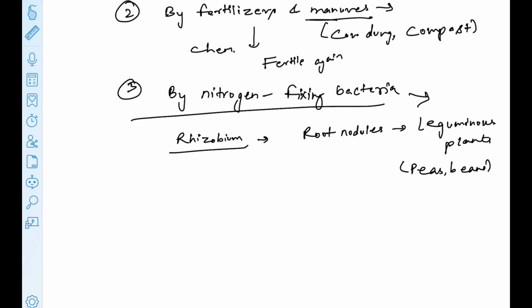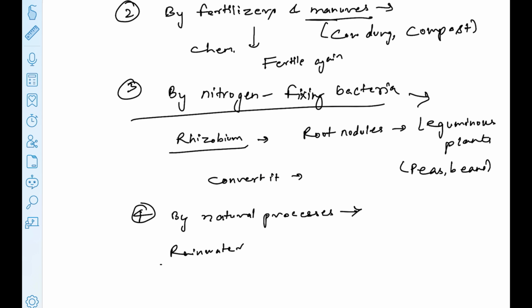They take nitrogen from the air and convert it into a form plants can use. And the last one is by natural processes. Lightning also helps fix a small amount of nitrogen into the soil, and rainwater dissolves some minerals and adds them to the soil.